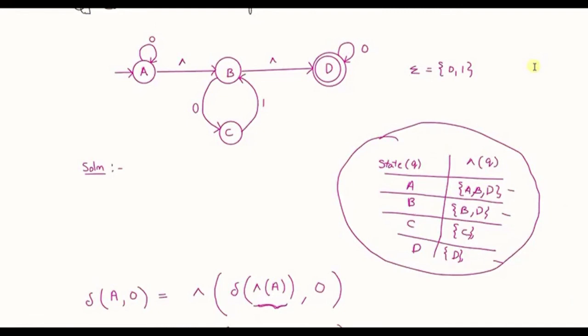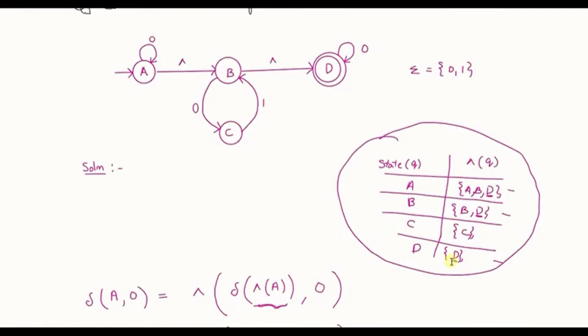Now while calculating the closure of each of these states, which are the states in which the set contains D as one of the elements? Closure of state A contains D as one of the members. Closure of state B also contains D as one of the members. And closure of state D also contains D as a member.